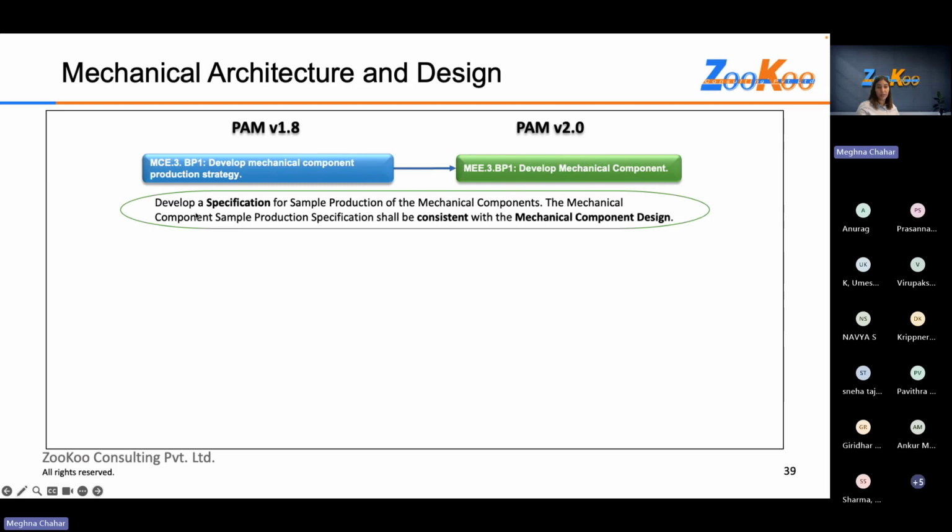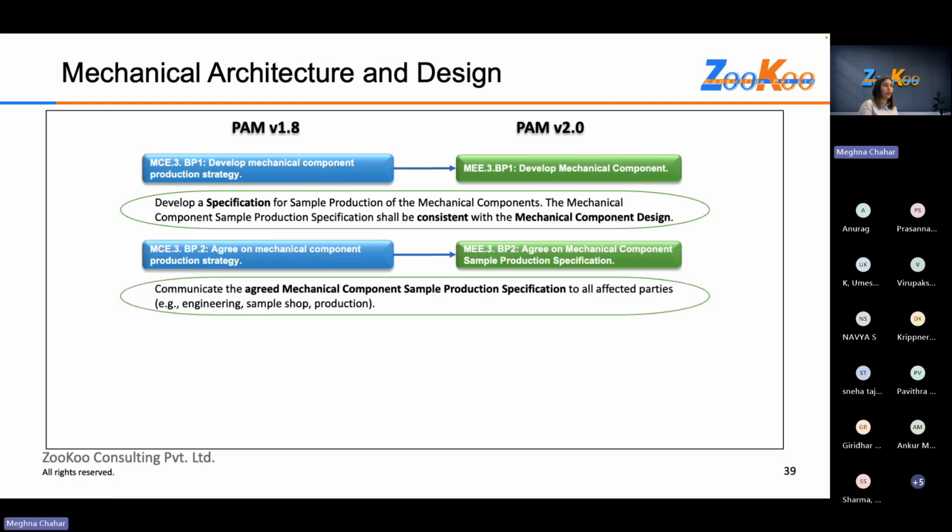You need to have a specification for sample production of the mechanical component, and this sample production specification shall be consistent with the mechanical component design, which we developed in the MEE2 process. Agree on component production strategy: yes, we still need to get the agreement, but for the specification. So you need to communicate the agreed mechanical component sample production specification.